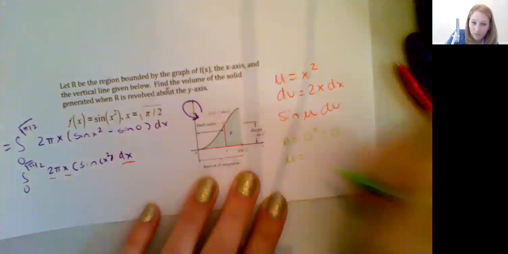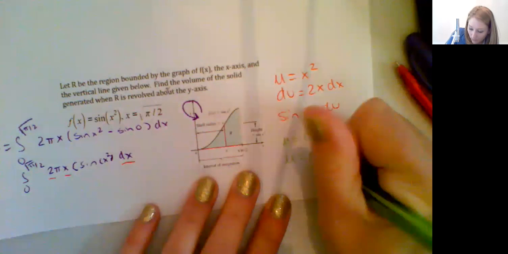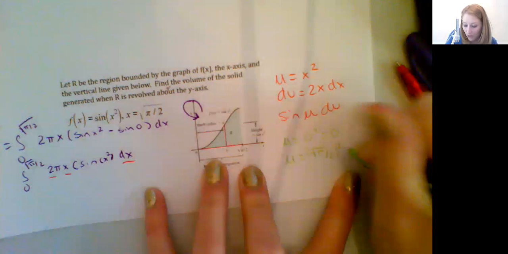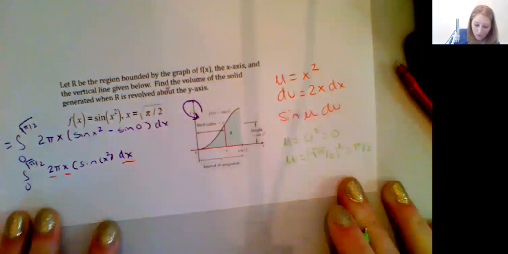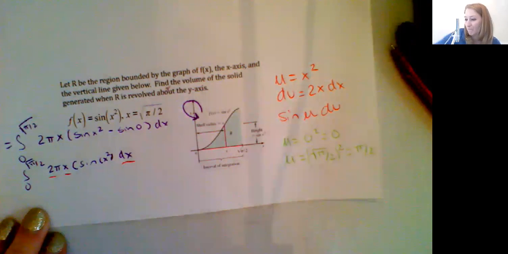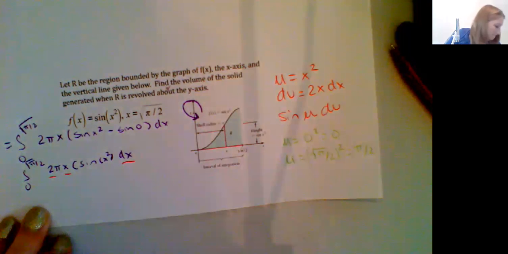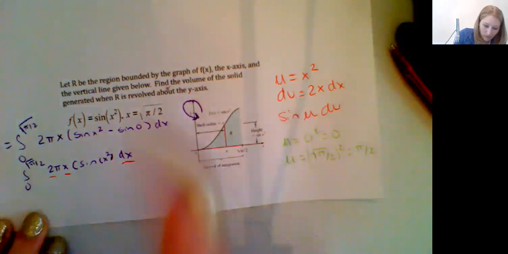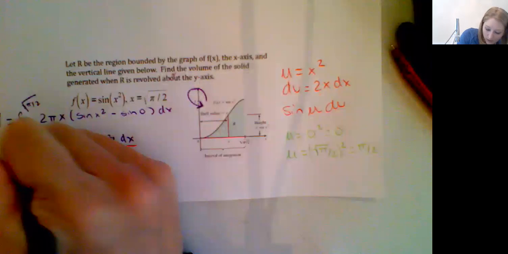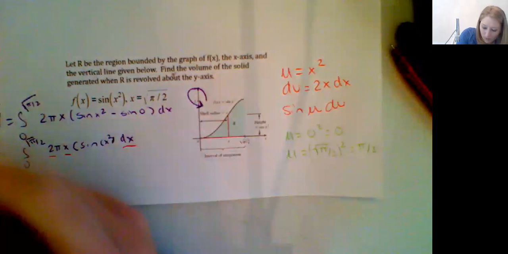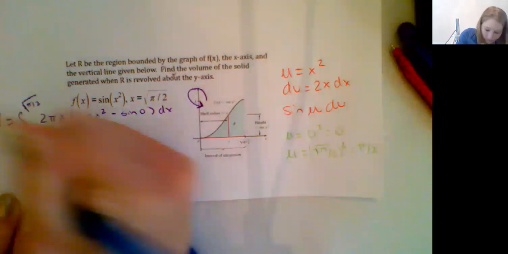And then I also need to plug in the square root of pi over 2 squared, which is just going to give me pi over 2. Okay, so then if I rewrite that, my new values that I'm going to evaluate are 0 and pi over 2.